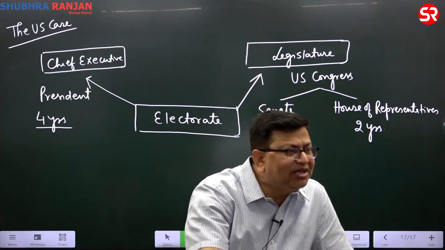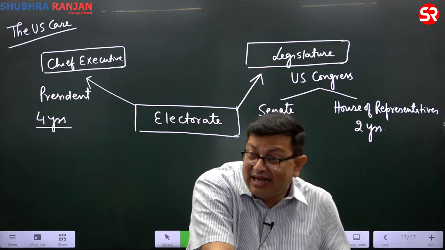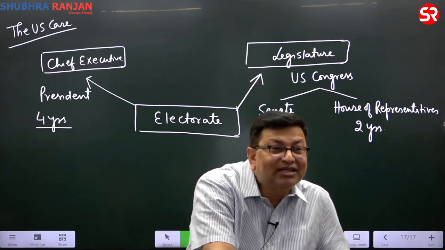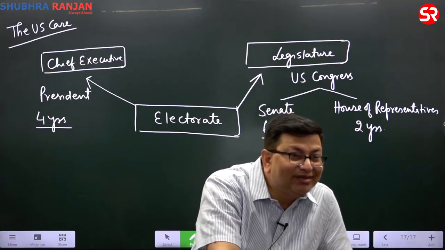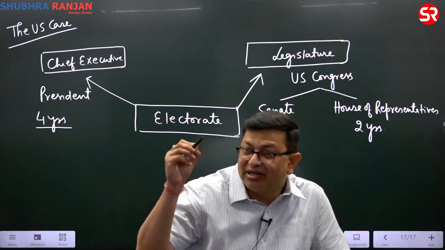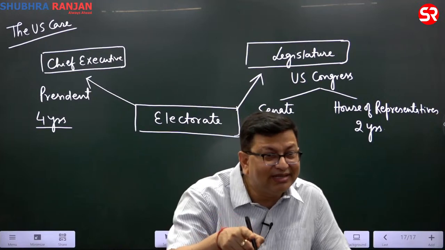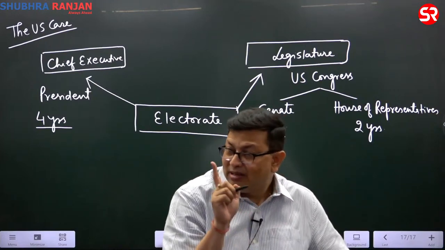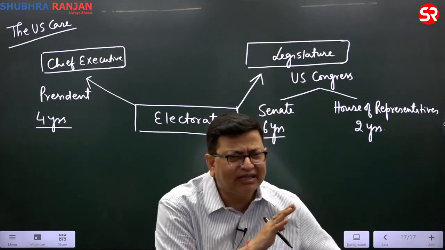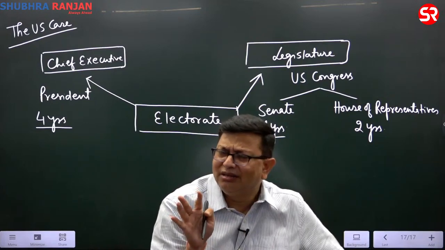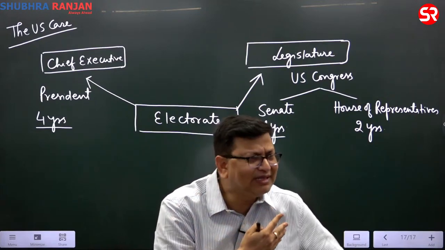So, in the presidential system, what we see is that there is strict separation of powers. The executive functions will be discharged by the American president and his group, that is the secretaries. The president and his team have nothing to do with the legislature.